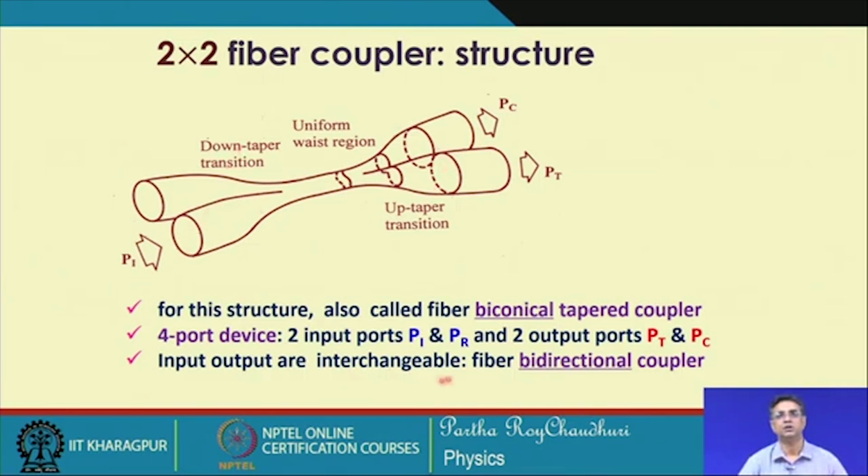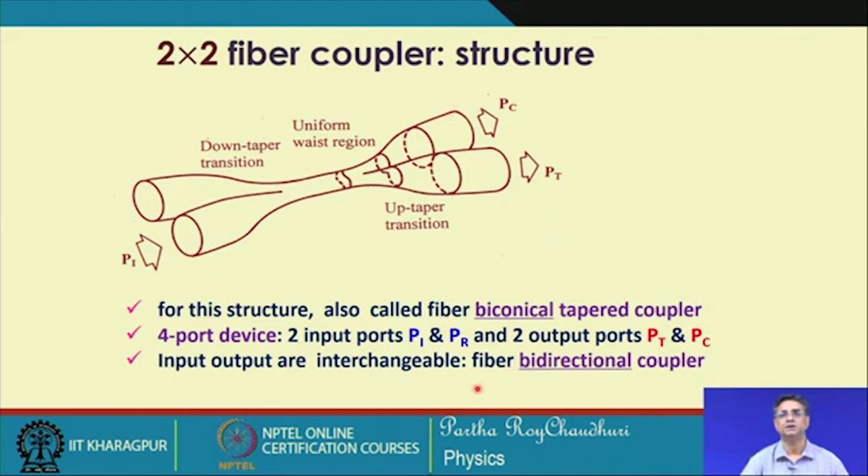This structure is also called a biconical taper structure, because you have two conical taper structures, one here and another here. So, it is called an FBT coupler and it is a 4-port device. You have two input and two output ports, but these two output ports can also be treated as input ports. Light is bidirectional, due to reciprocity of light.